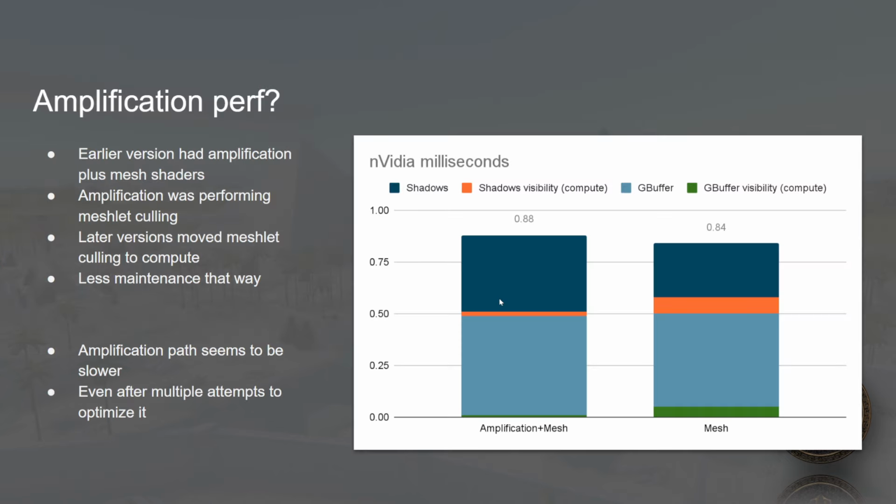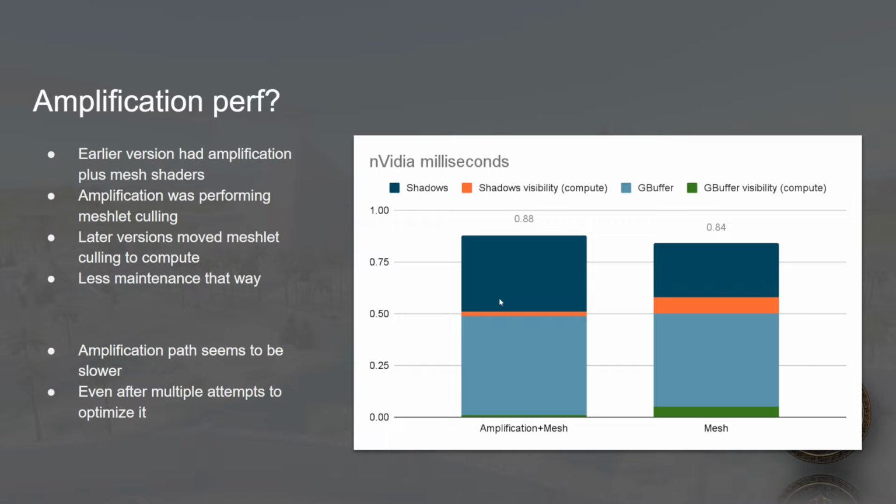Now let us look at amplification performance. In our first attempt, the mesh shaders path was performing cluster culling in the amplification shader. In a later version, as we mentioned before, we moved the cluster culling to compute to decrease the maintenance cost.